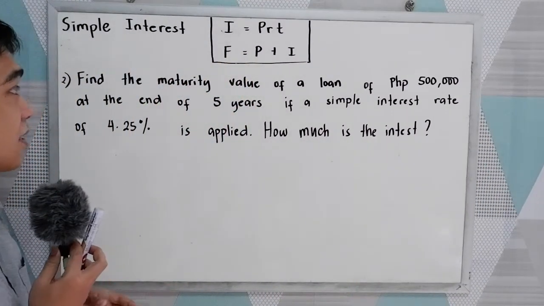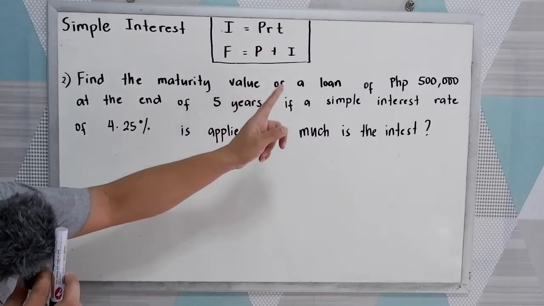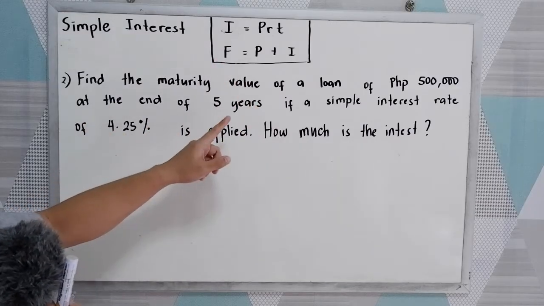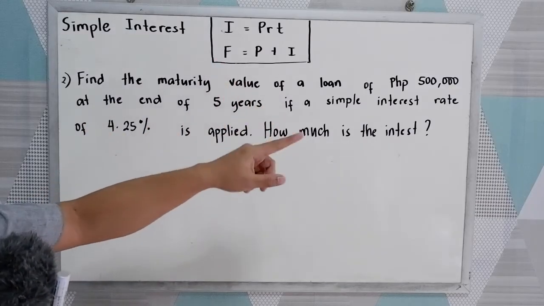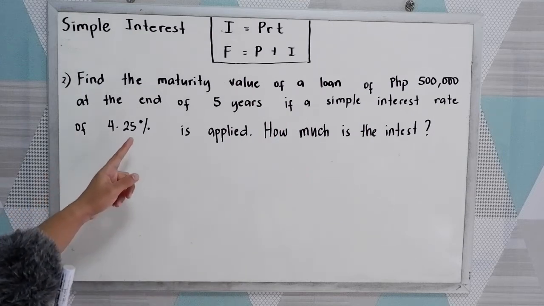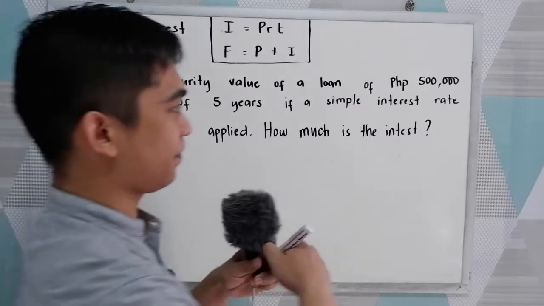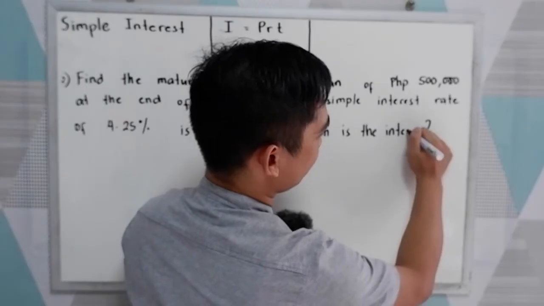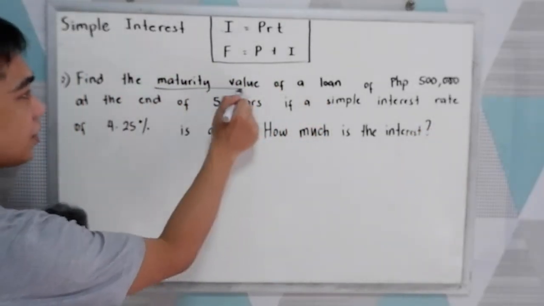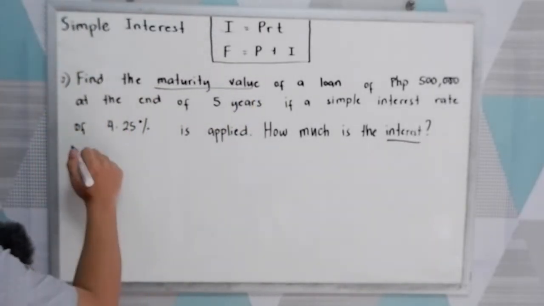The problem is, find the maturity value of a loan of 500,000 pesos at the end of 5 years if a simple interest rate of 4.25% is applied. How much is the interest? So we have two unknowns. We have the maturity value and the interest. Now let us first determine the given.